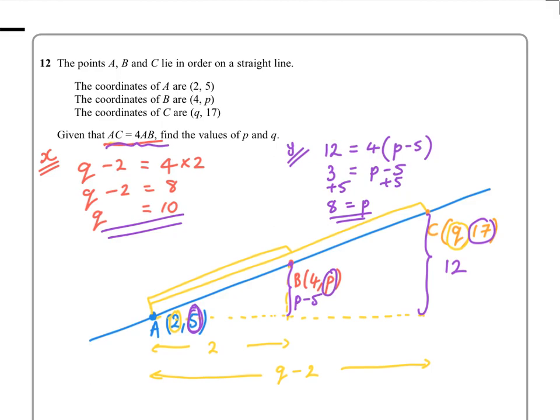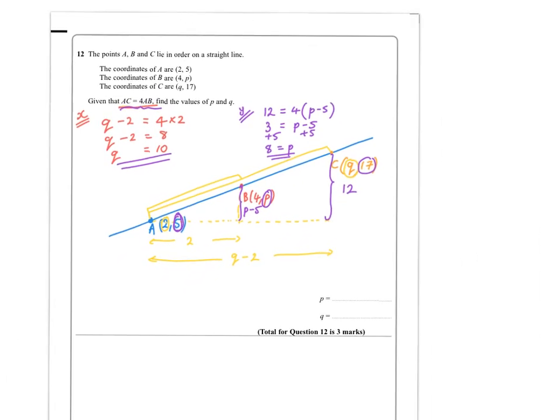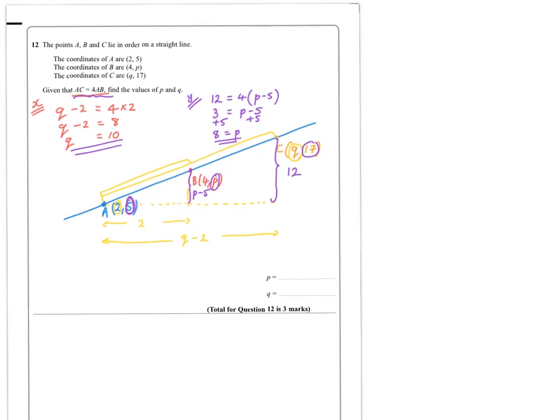Now that's the question done, but let's just investigate a little further about the gradient here. And you don't have to watch this part. If you don't, you can skip ahead.